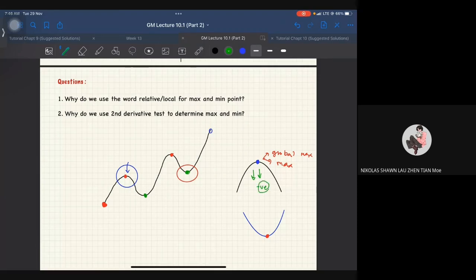That's why bila awak cari second derivative test semalam, bila nilai yang awak masukkan tu akan dapat negative value, then it tells you that the one you are looking for right now is your maximum point. Dia terbalik. Okay, so sama juga dengan yang senyum punya graph. So we know that the concavity of this one is going up. Okay, so going up maksudnya dia adalah positif. So bila kita masukkan dalam kita punya second derivative test, dapat nilai positif, that's why dia adalah a minimum point. Boleh faham ke?